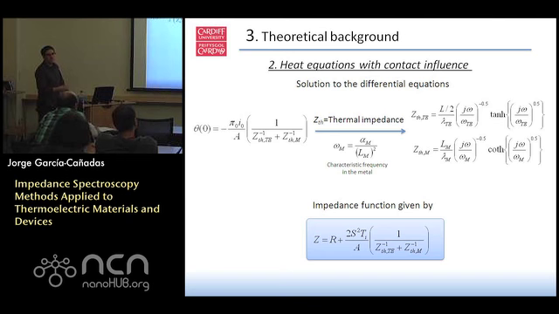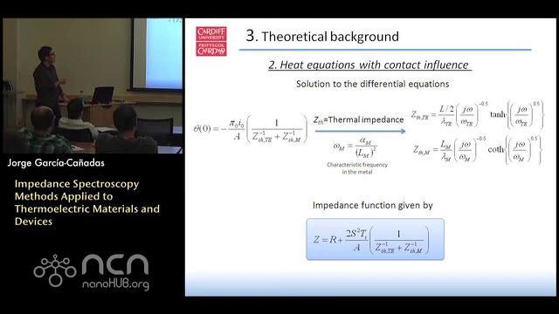If we solve this system of equations, we reach the solution, which is given by this simplified equation. Here, the temperature difference at zero is a function of the thermal impedances in the thermoelectric and also in the metal.